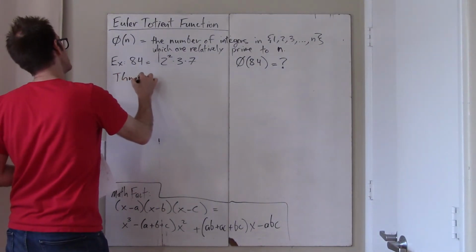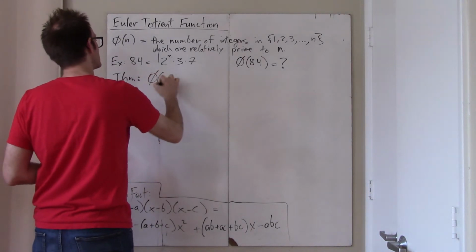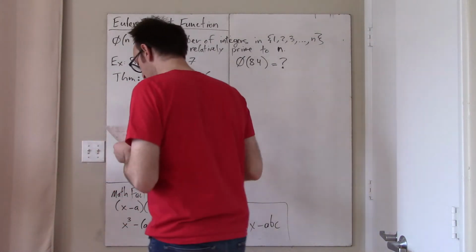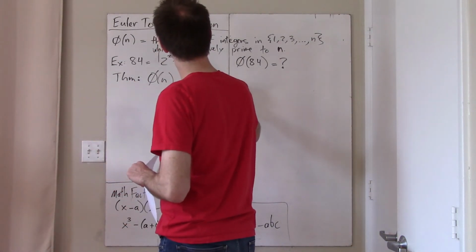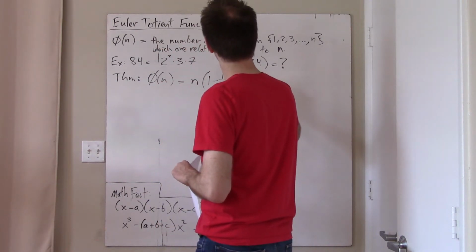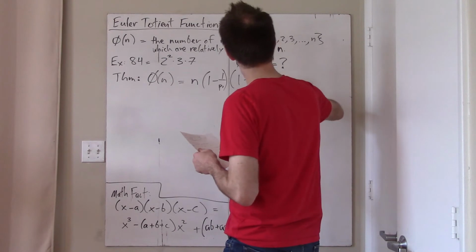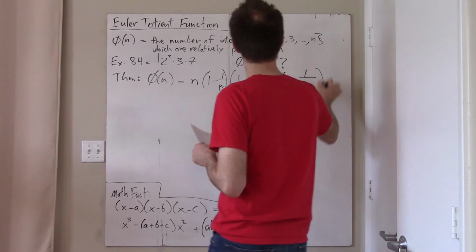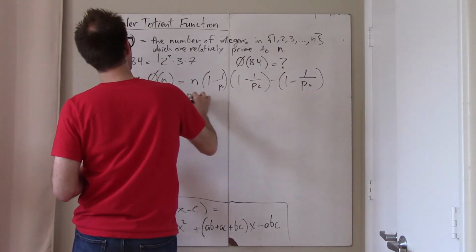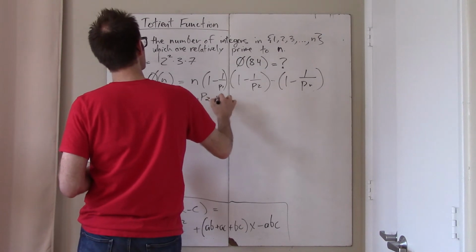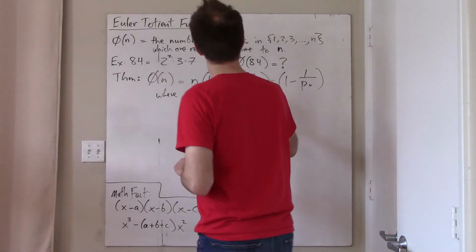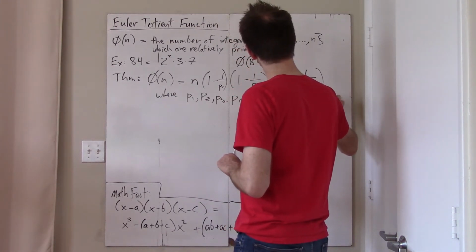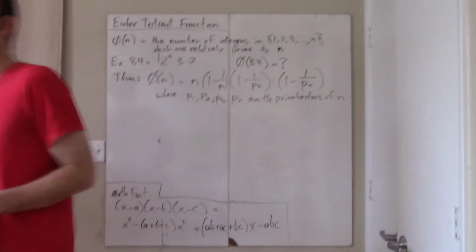Here's the theorem. To do this, quite incredibly, all you have to do is take the number n and multiply by 1 minus 1 over p1 times 1 minus 1 over p2, and keep on doing this all the way up to 1 minus 1 over pr, where p1, p2, p3 to pr are the prime factors of n.